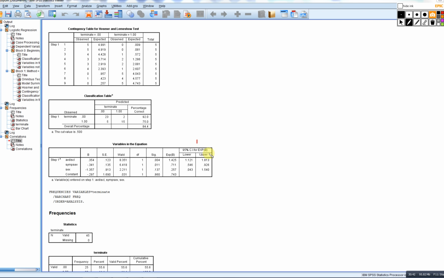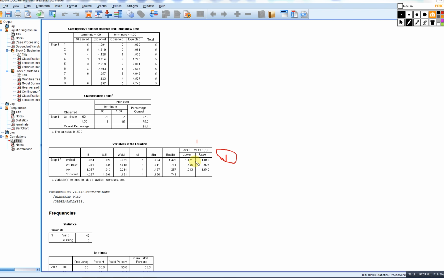So you can interpret it this way: if the value of 1, which is the null, falls between the upper and lower limits of the confidence interval, then you cannot reject the null, and you would be saying that the predictor is not having a significant impact on the odds of target group membership.